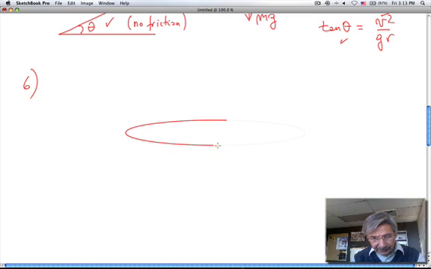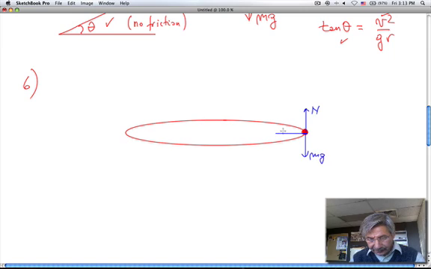So when you are going around in a horizontal circle, and this is the object that is going around, the free body diagram for that object is, of course, the normal force here, you have the weight here, and then you have the frictional force here, as I said before.